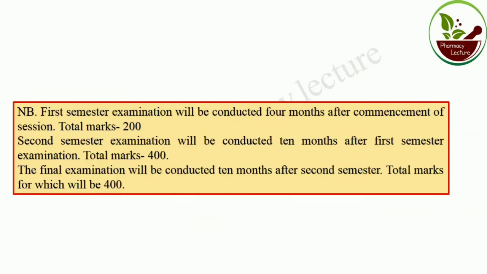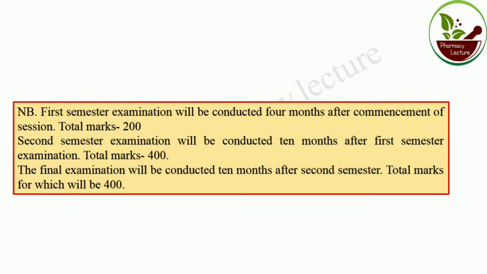The first semester examination will be conducted within 4 months of the commencement of the session, and the total mark is 200. After completion of the first semester, the second semester examination will be conducted 10 months after the first semester examination, and the total mark is 400.